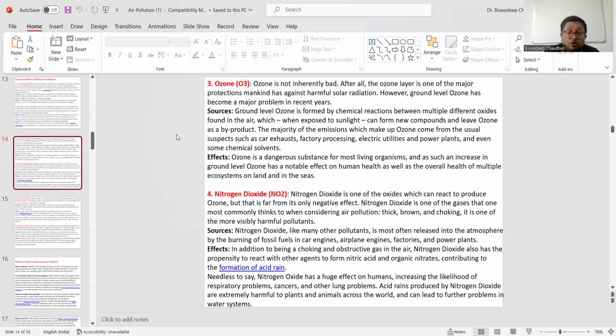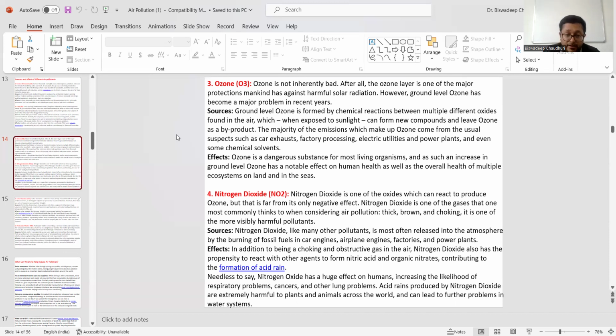It is one of the most visible harmful pollutants present in the modern world today. And the amount of nitrogen dioxide production is increasing day by day, along with the formation of new factories and the increasing number of automobiles in almost every developed city. Sources include automobiles, factories, power plants, etc.